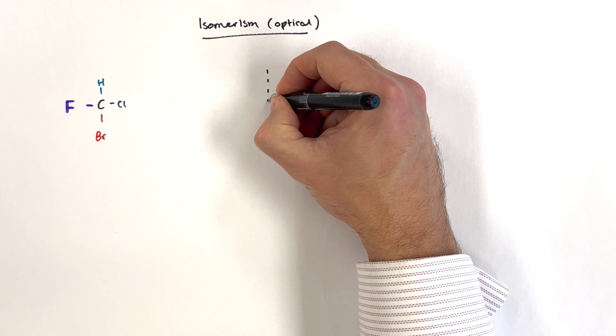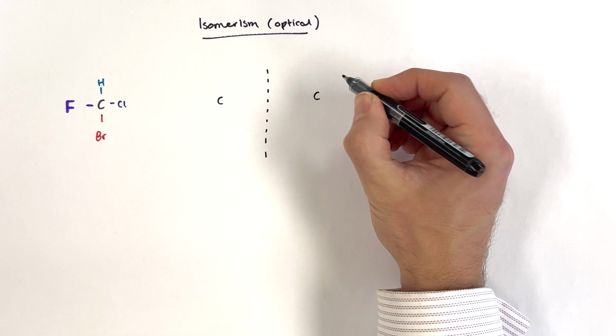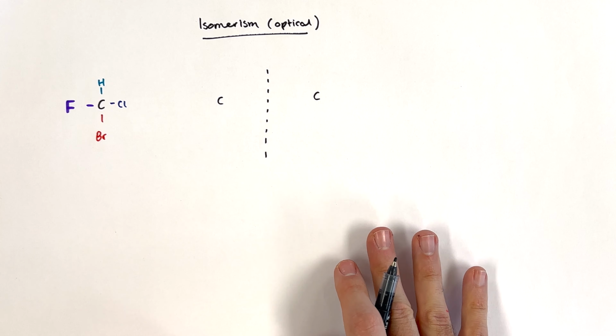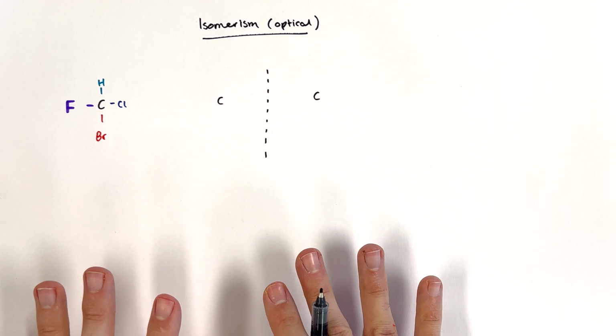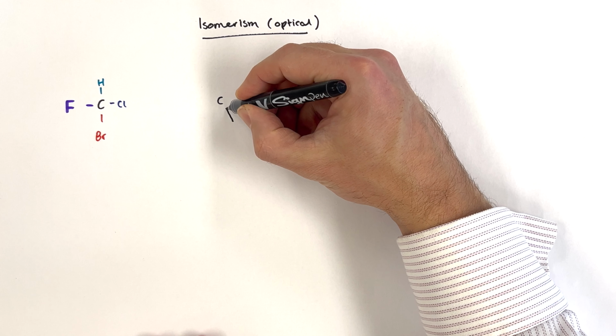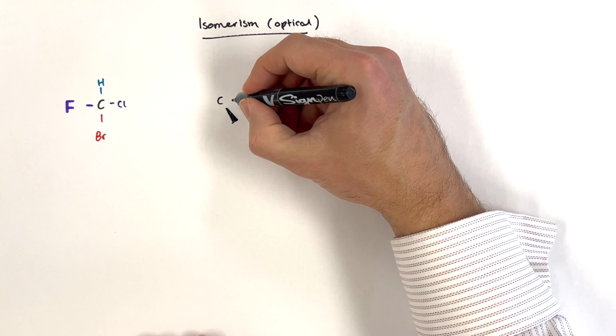Now, if I place a mirror down the center, the key thing is how you start off drawing these structures. As long as you start off in this manner, you will always be able to draw the optical isomers and make sure that the atoms are pointing in the correct directions. So the first thing we have here is a wedge coming out of the page towards you.